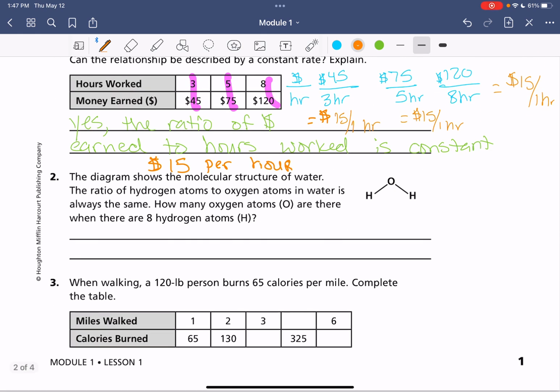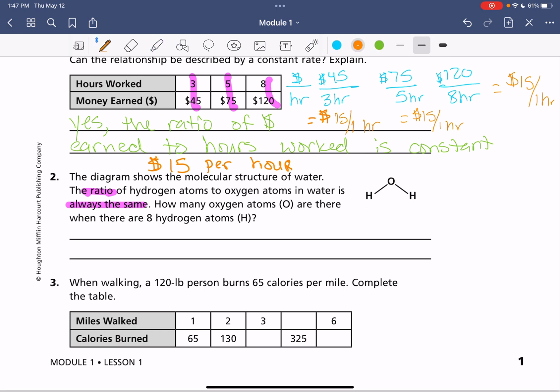All right, here we have a molecular structure of water. The ratio of hydrogen atoms to oxygen atoms in water is always the same. So here they tell us, when we read through our problem here, the ratio is always the same. So it is constant. How many oxygen atoms are there when there are 8 hydrogen atoms?